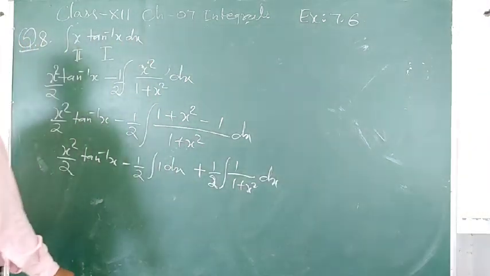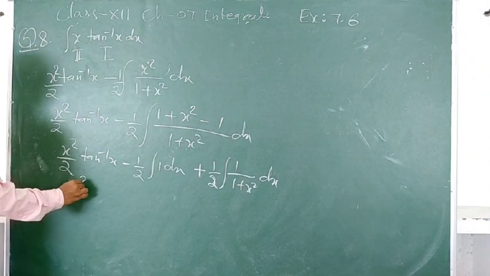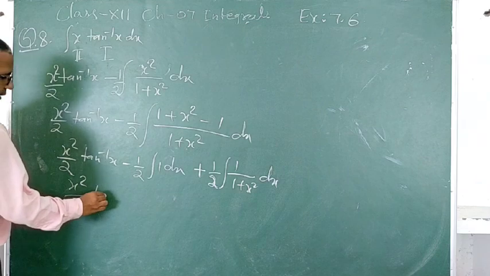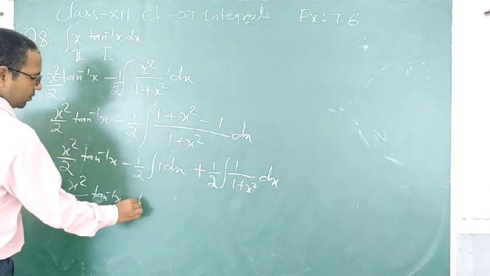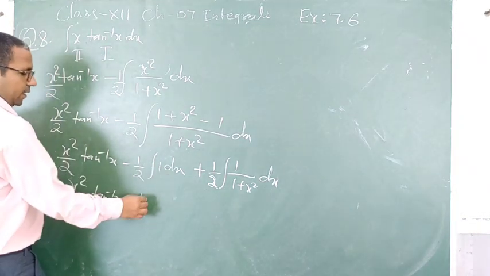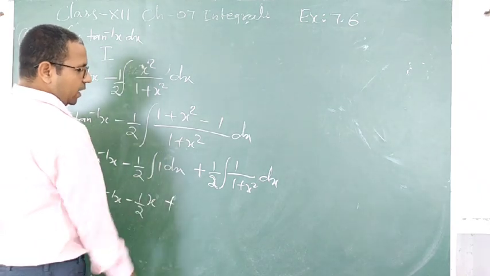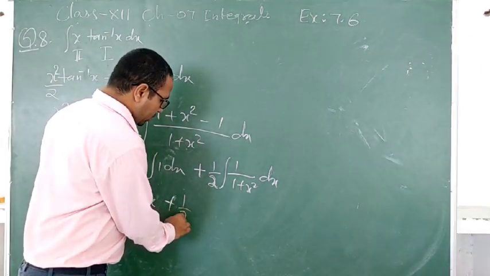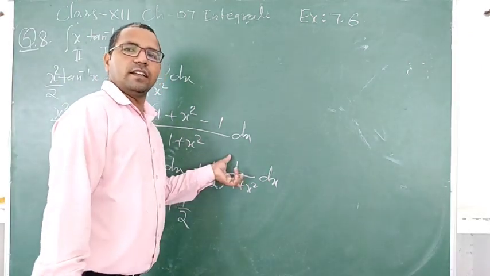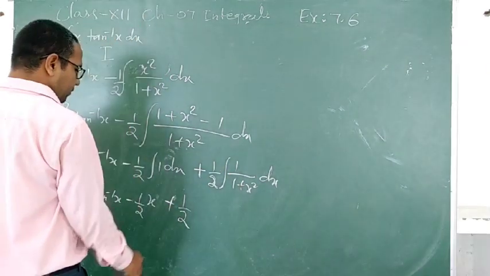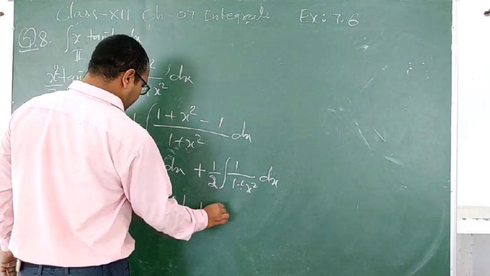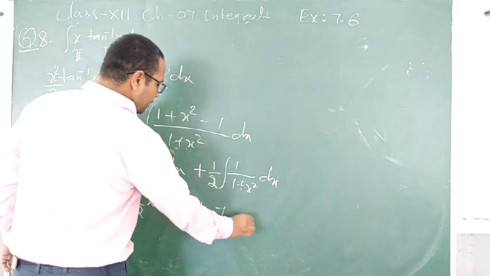So now x square by 2 tan inverse x, minus 1 by 2, the integral of 1 is x, and plus 1 by 2. The integral of this one will give you tan inverse x, so use it, plus c.